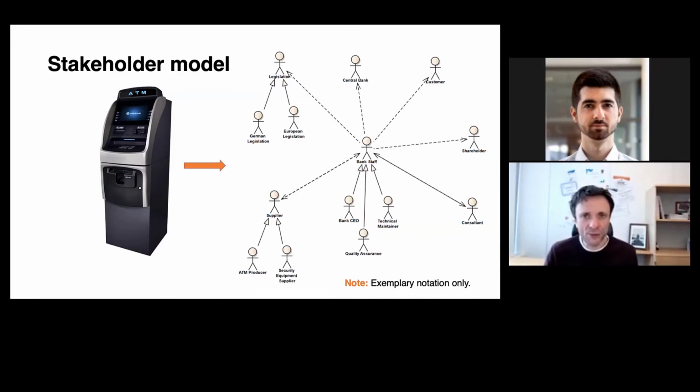Which notation you use to express your stakeholder model doesn't matter as much as making clear what you mean with a notation. So whatever notation you choose, make sure that you add a small legend to the specification.